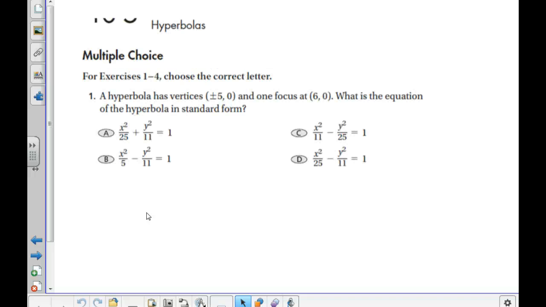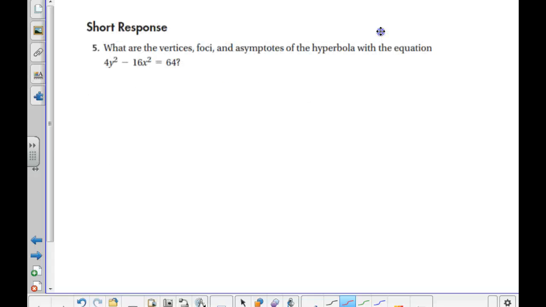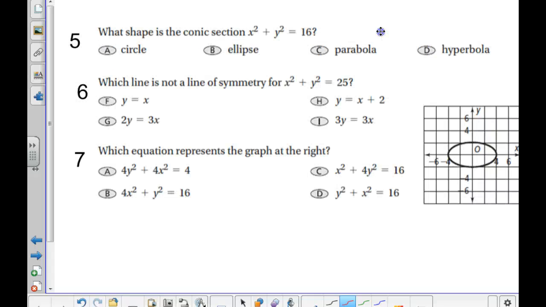Is this the top of 17, Ben? Does it say hyperbolas? Yeah. Okay. All right, what can I help with? Start with number 6. Am I still on side A? Is this the right number 6? Okay.